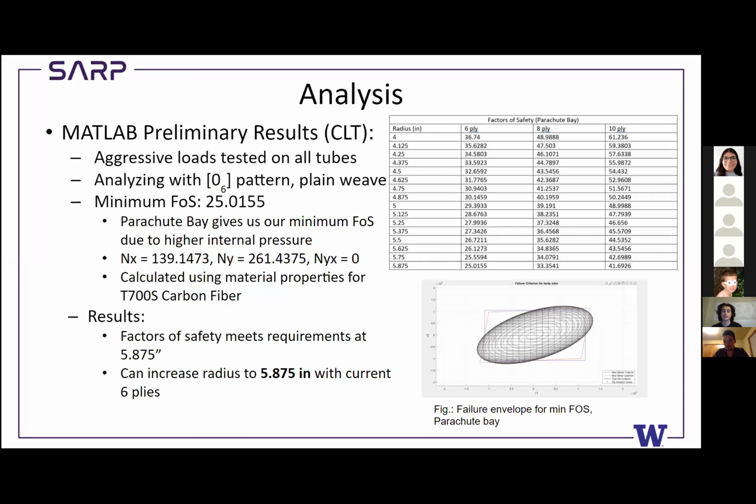After running the test with the estimated radii, we looked mainly at the parachute bay because that's the tube that will be experiencing the most pressure. At 5.875 inches, we got a minimum factor of safety of 25, which matches our constraints. You can see the loads that we calculated to get that factor of safety.